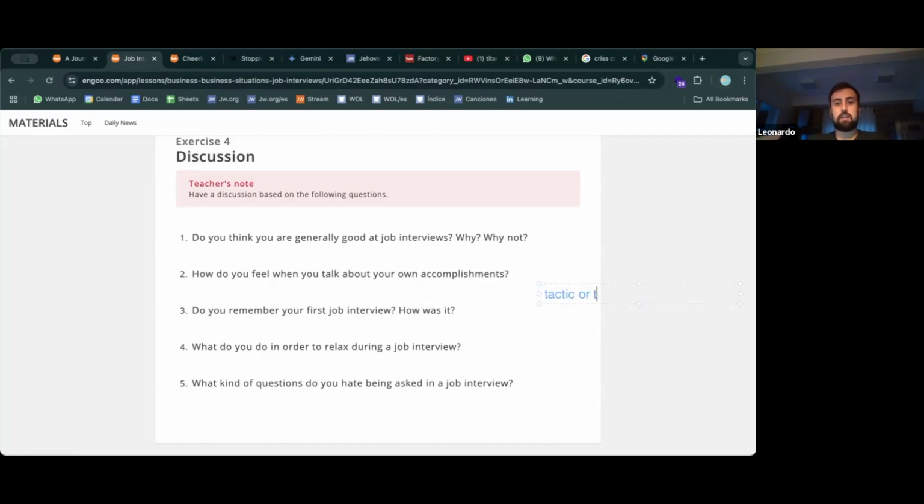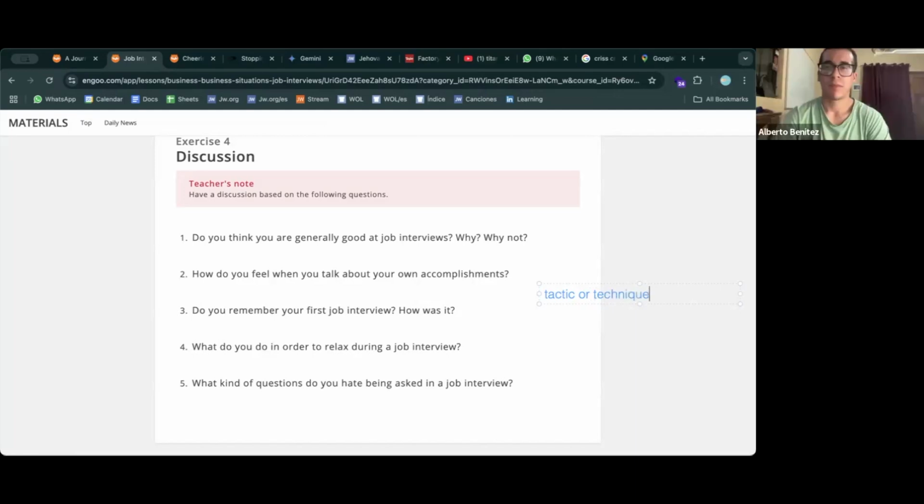You need to advance each phase, and be more relaxed during the interview. I like how you mentioned it as a game, because yes, you go through levels, and that's what an interview is. Yes, the first part you need to say your name and talk about you. It's easier. The next level, you need to say something about the company. The next. So it's like a game, yes. That's right. Cool, cool.